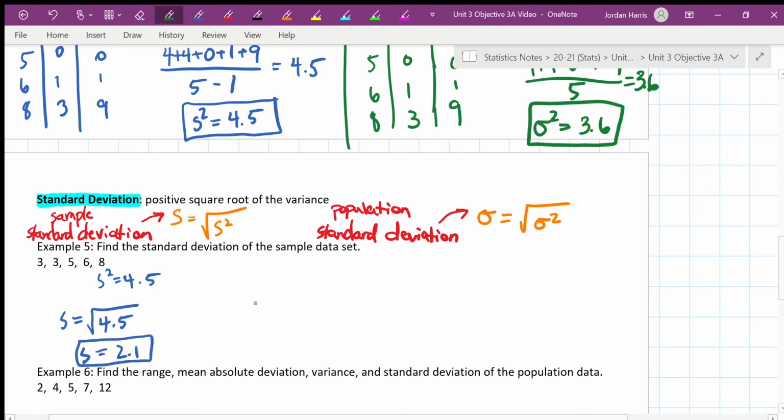If instead we were dealing with a population, with a variance of 3.6, remember I'm using the same data but assuming one is a sample and one is a population. Understand that the results are slightly different, based on which type of data. So our population standard deviation is the square root of 3.6, which is 1.9.